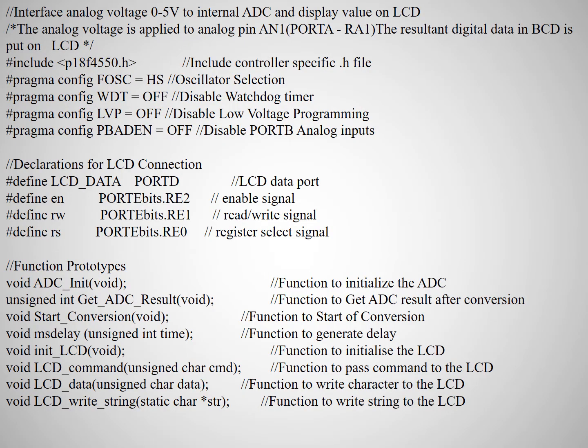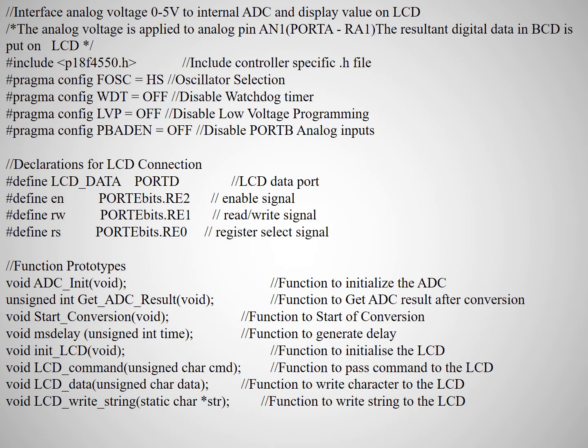Now we will see the code. All these first 5 lines you are aware of. The declarations that we have to make to connect our LCD are like LCD data for port D. We have already interfaced port D, and its enable and command pins are on port E, RE2, RE1 and RE0.